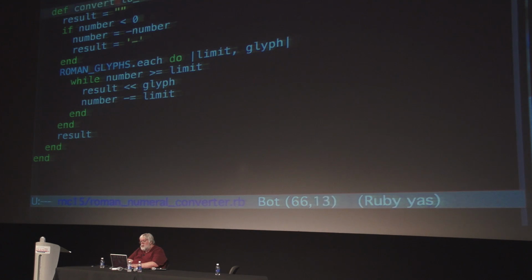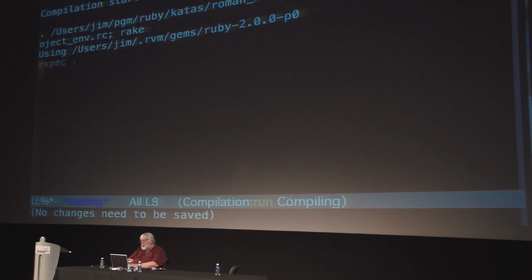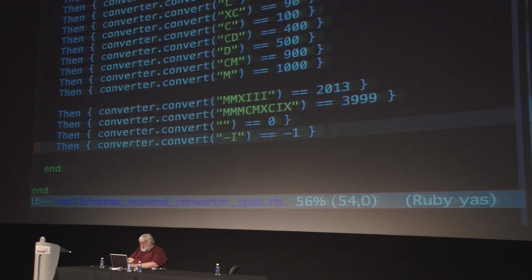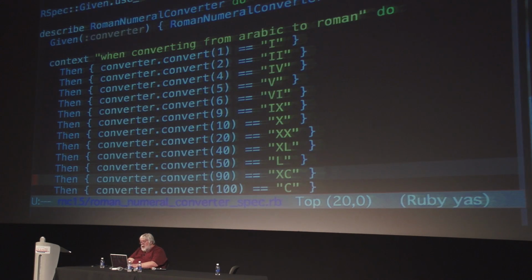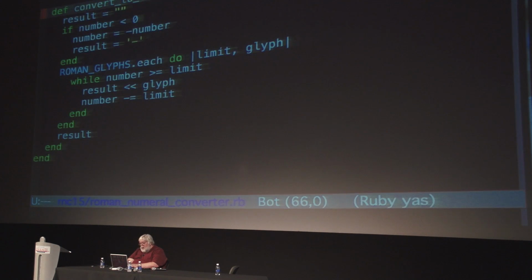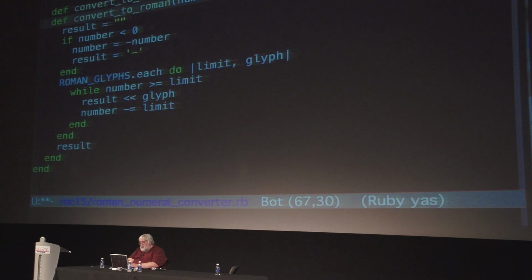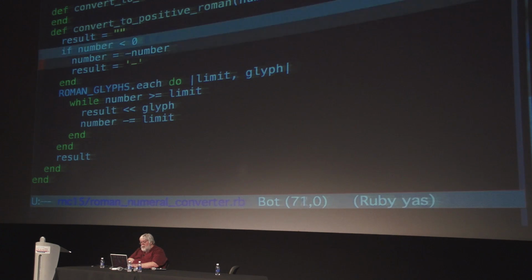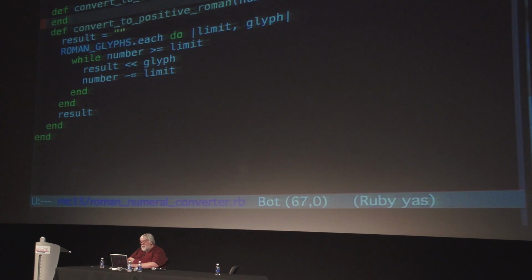Okay, let's make sure everything works before I refactor. Let's look at all the tests. So all the tests are now uncommented, good, and they're all passing. Let's do the refactor. Okay, convert to positive Roman. Take this out, move it here.